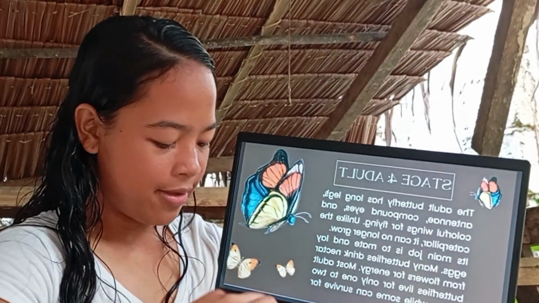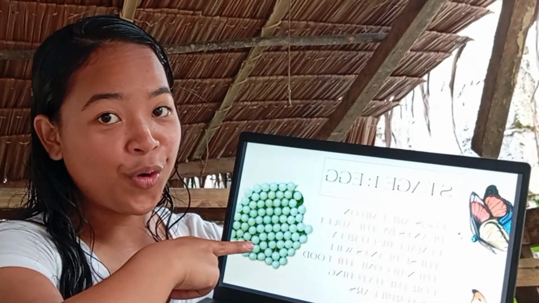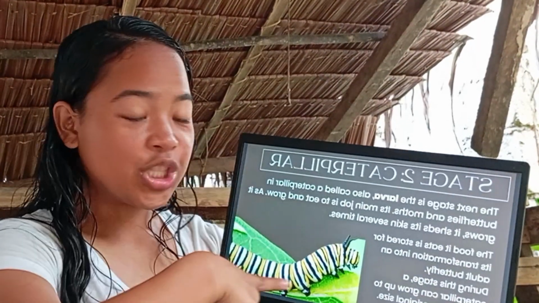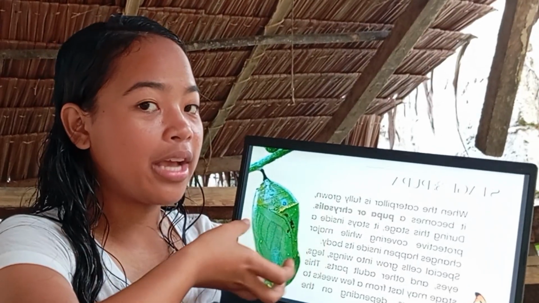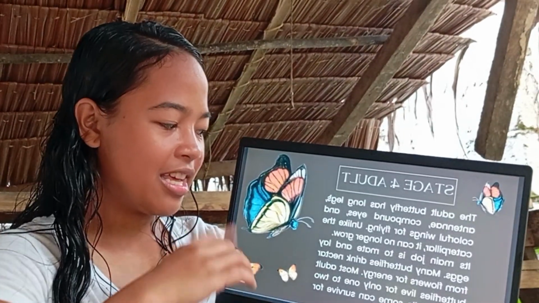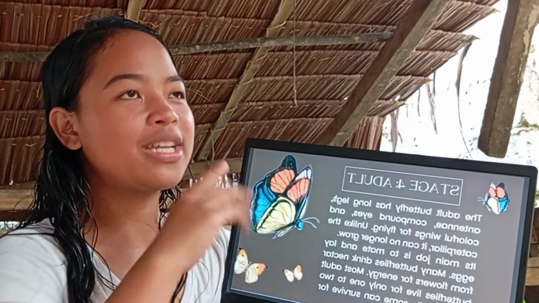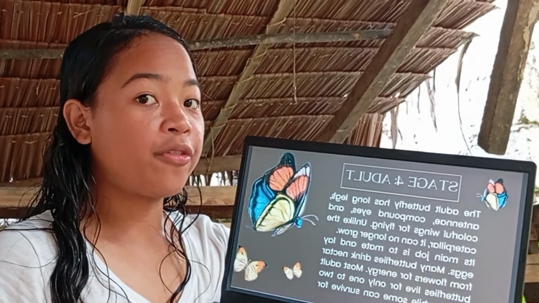Imagine, from an egg, then it becomes a caterpillar, then after the caterpillar it goes into the pupa, and lastly, it becomes a butterfly. So that's what we call complete metamorphosis.